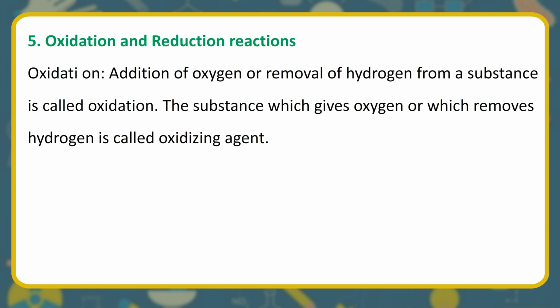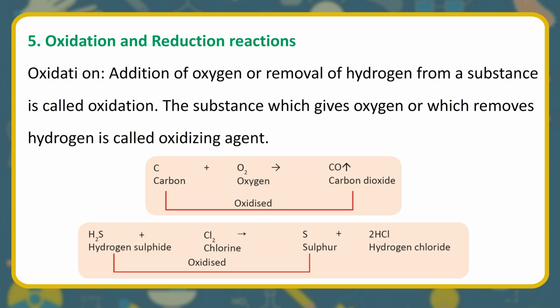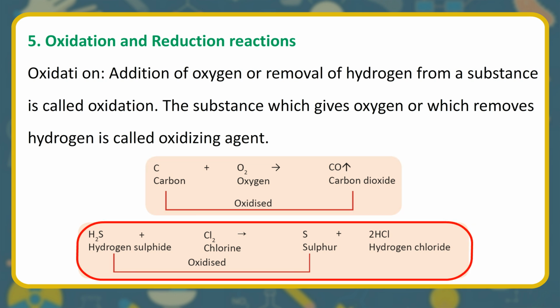5. Oxidation and reduction reactions. Oxidation: addition of oxygen or removal of hydrogen from a substance is called oxidation. The substance which gives oxygen or which removes hydrogen is called an oxidizing agent. C, carbon, plus O2, oxygen, oxidized, gives CO2, carbon dioxide.